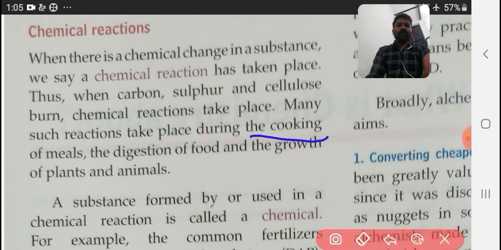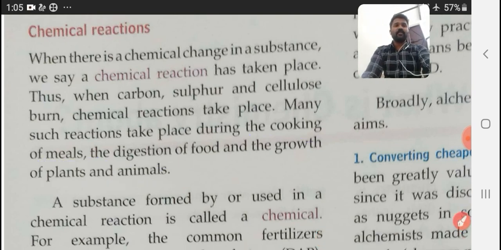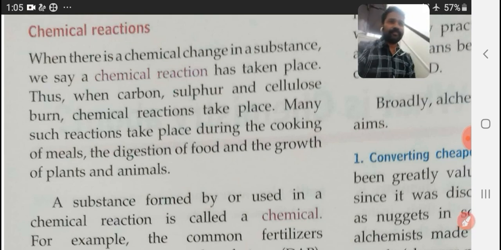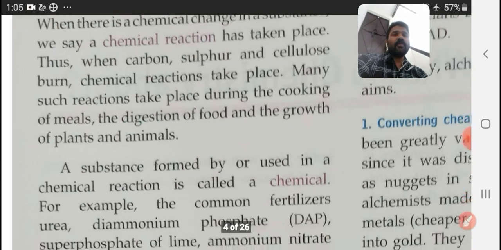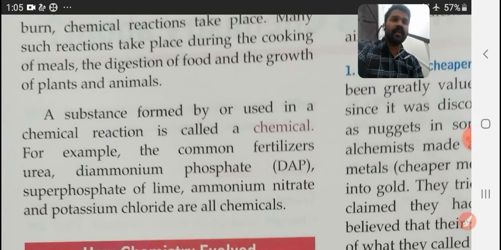Cooking of meals, digestion of food, growth of plants, etc. There are many examples. A substance formed by or used in a chemical reaction is called a chemical. So in the laboratory we know that there are many chemicals. We are hearing about capsules, and each and every item which you get from the shop contains chemicals.